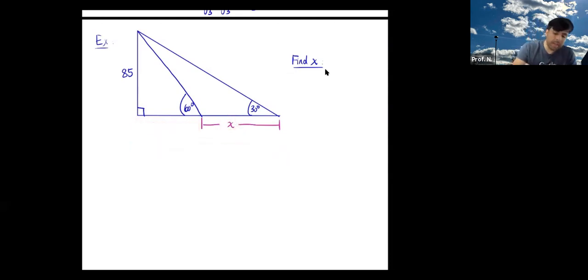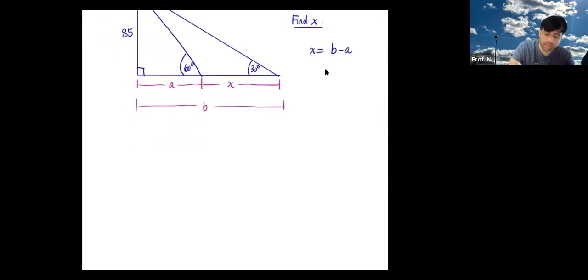So we can do the a and b thing here. Call this A here and call this entire thing B. So what is x? x is really B minus A. Find B, subtract with A, and you get x.